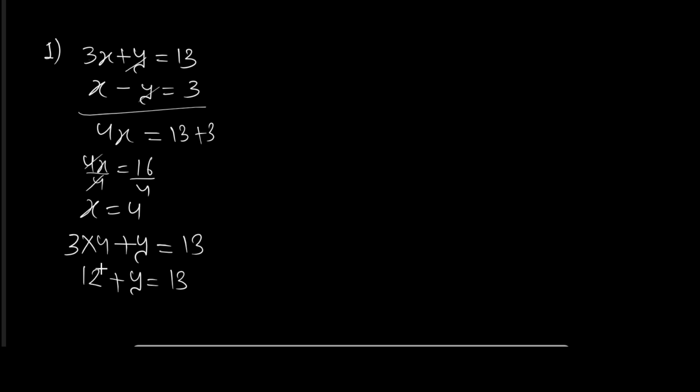So I'm going to take this 12 to the right side of the equation to isolate y. So y equals 13 minus 12, which gives us 1. So we have both values, x equals 4 and y equals 1.